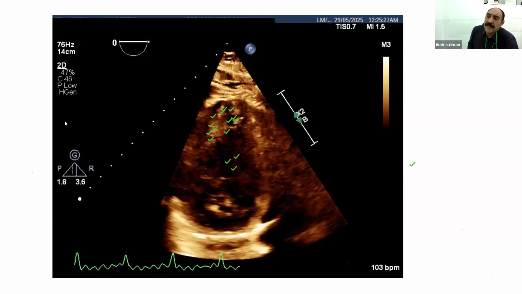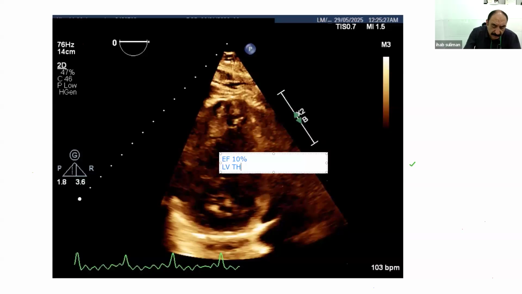And it did really help him in this scenario. What could be offered for this patient who has an ejection fraction of only 10%? The EF is about 10%, there is an LV thrombus, there are multiple arrests, and there is multi-organ failure.